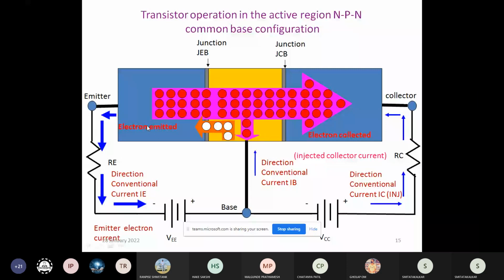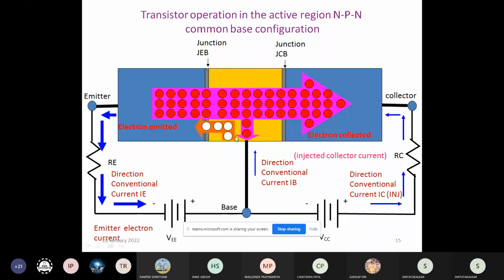In the common base configuration, as you can see on the screen, maximum electrons are flowing in the NPN transistor. The electrons move to the right side of the P region and combine with holes.